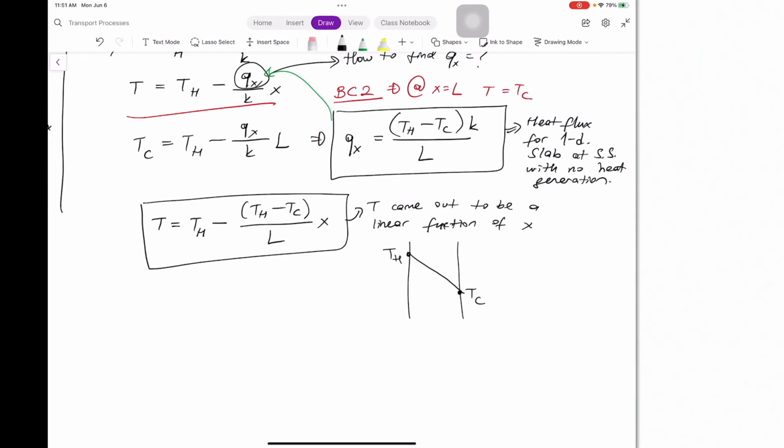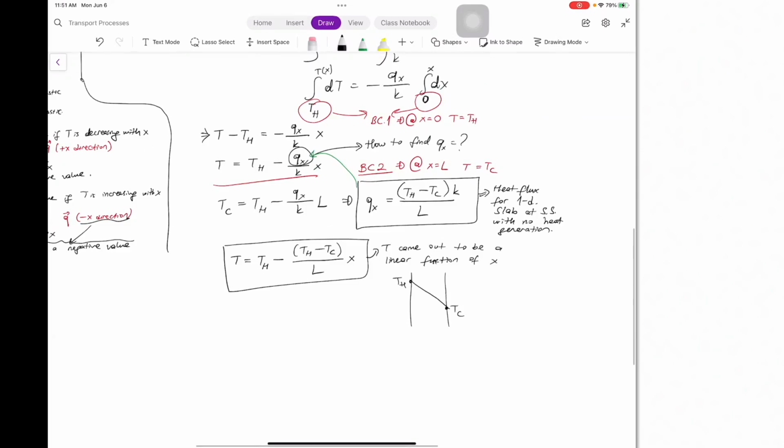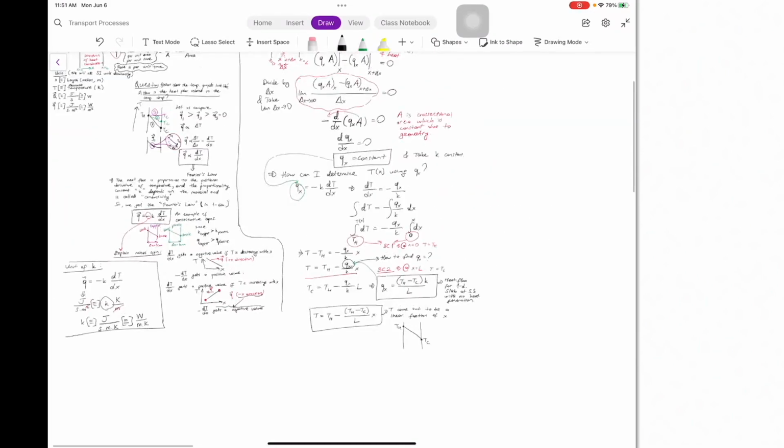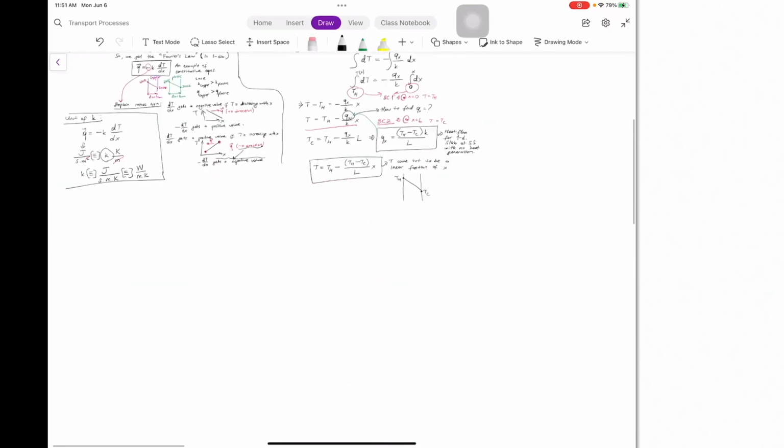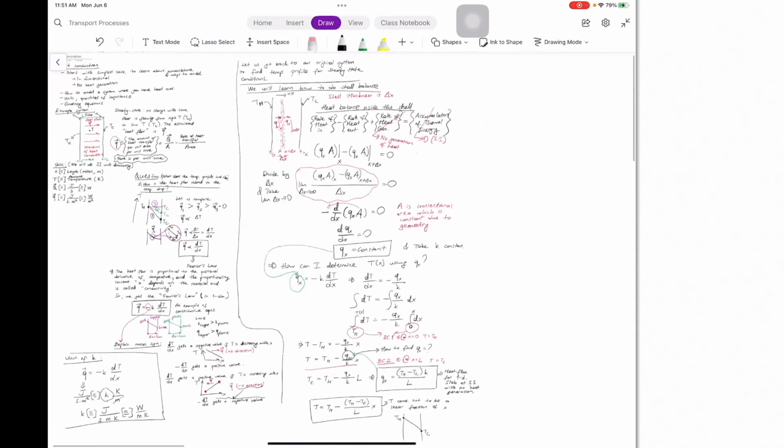Now we solved the question. We found the temperature profile. We found the Q, the heat flux. So are we done? Do you recommend anything we should do before we wrap up with this problem? What do you think? Anything to suggest? Anything we should check?